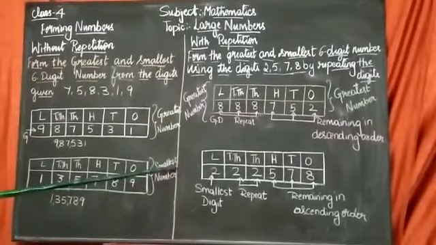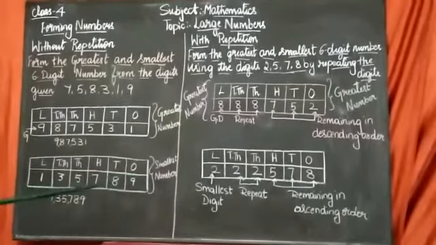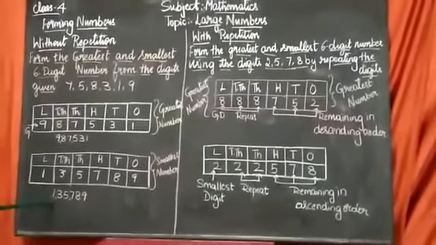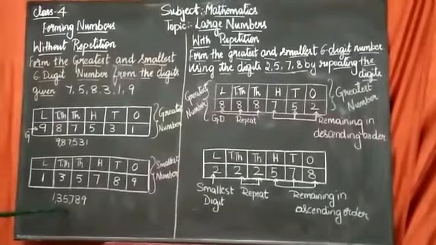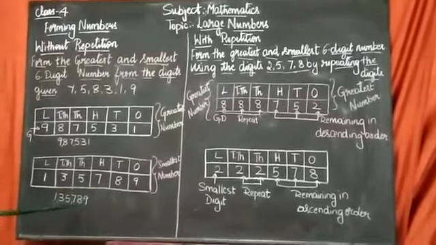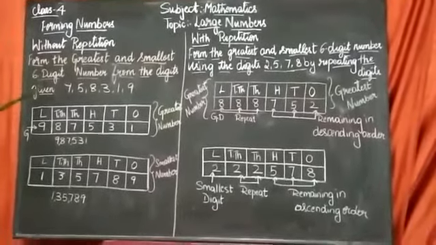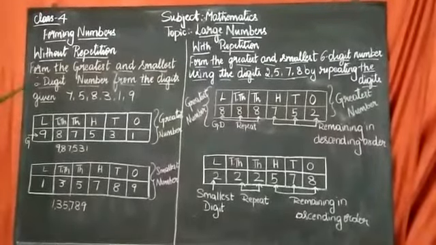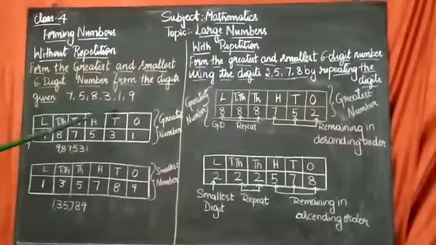So we have arranged the smallest number. This number can be read as 1,35,789. So we have arranged both in greater number order and smaller number order without repeating the digits.